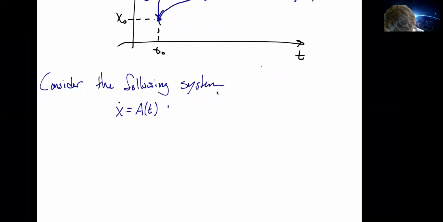So A and B are functions of time, with input U, and then we have an output matrix, C of t, times x.